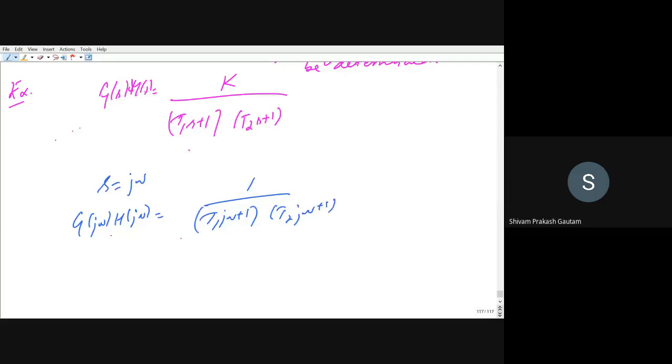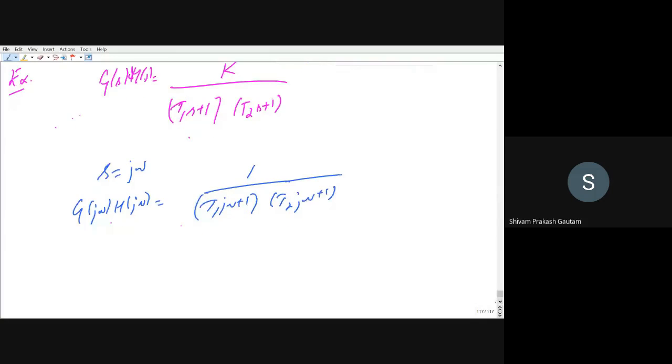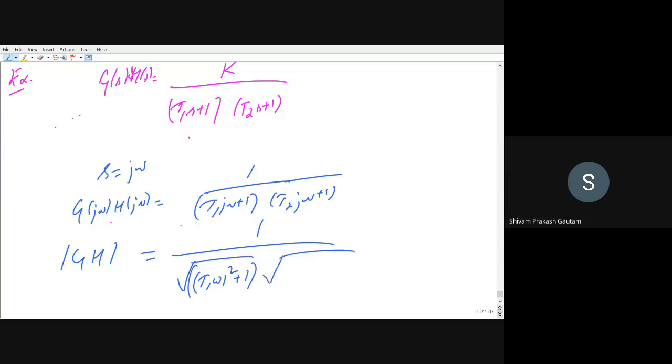Then you have to determine the magnitude. The magnitude of GH is equal to K upon under root of (T1 omega whole square plus 1) and (T2 omega whole square plus 1).